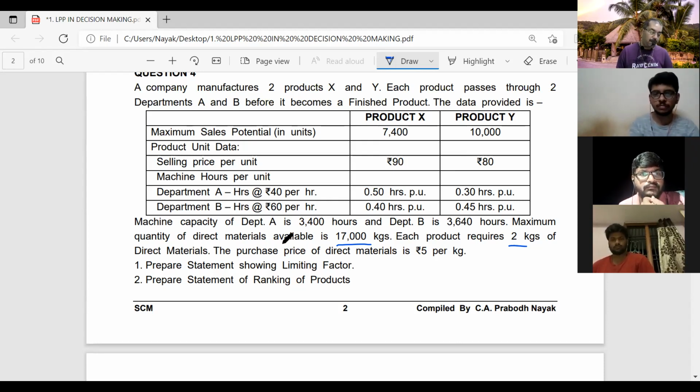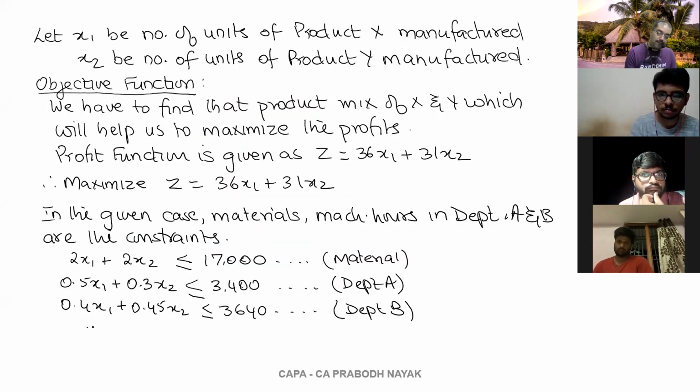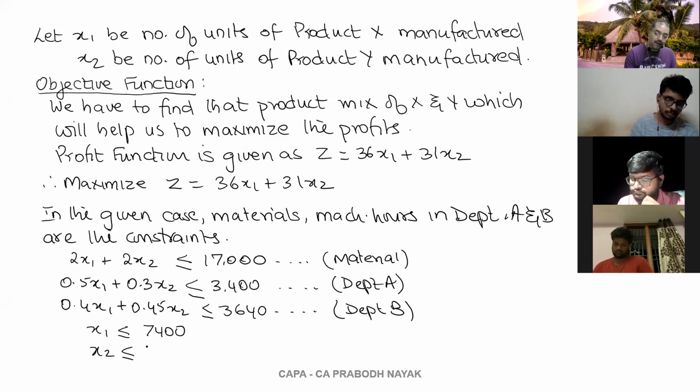So I will say X1 is less than or equal to maximum of X that I can sell, 7,400. Maximum of X2 that I can sell is 10,000.